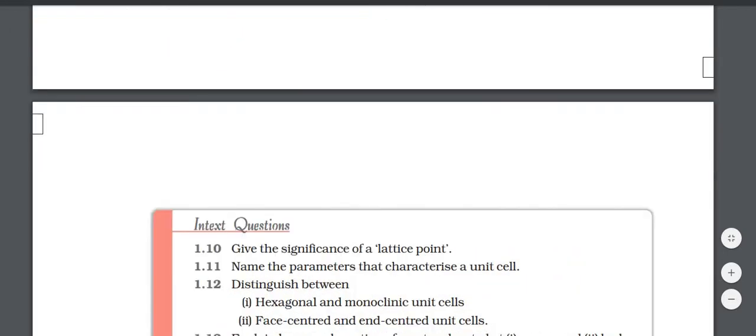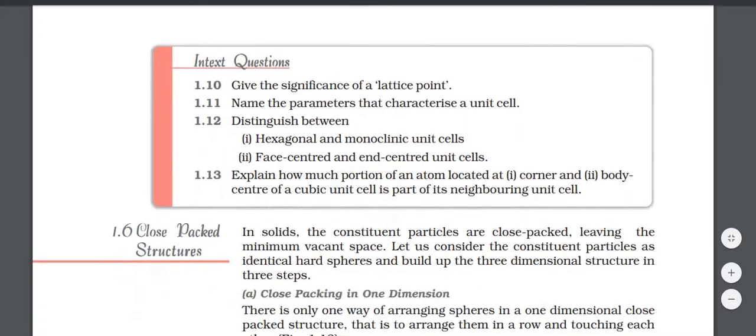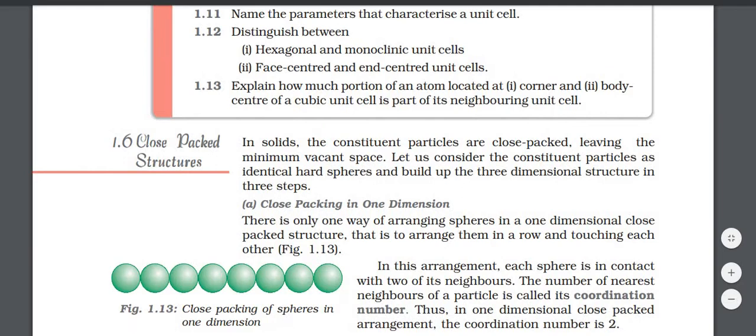the arrangement of spheres. The arrangement of spheres would be in one dimension, this single layer, close packing of spheres in one dimension. If you put one more layer, for example, think of your room, and in one corner you start filling atoms or balls, spheres that you are filling.